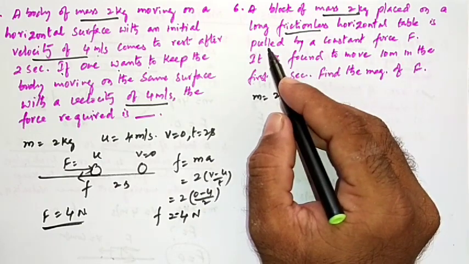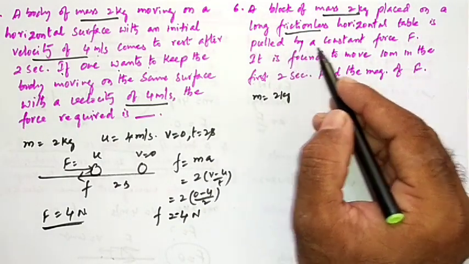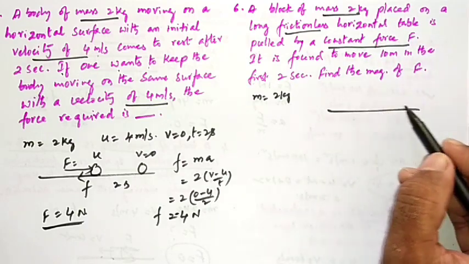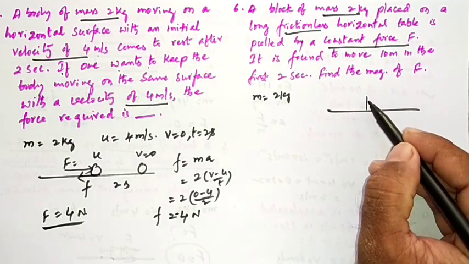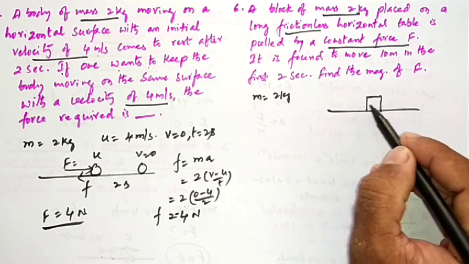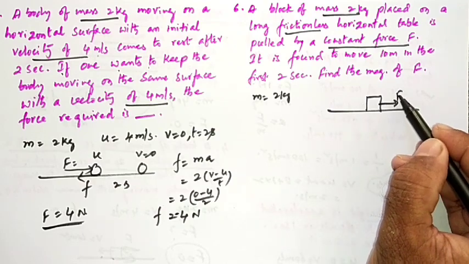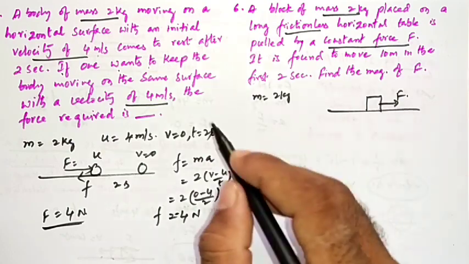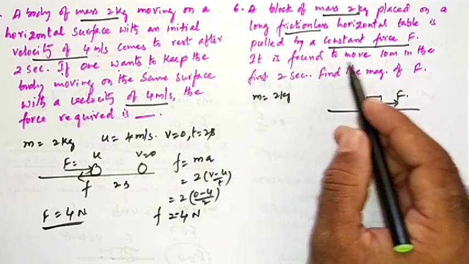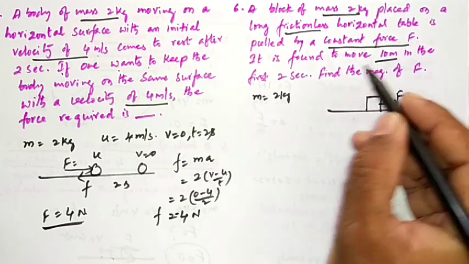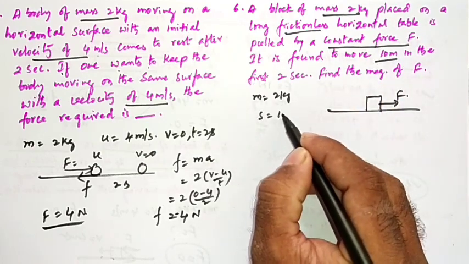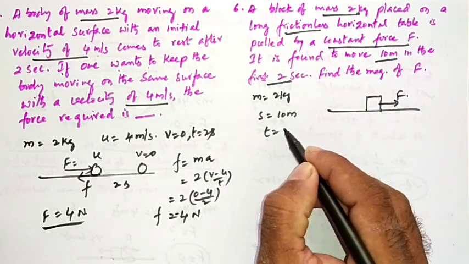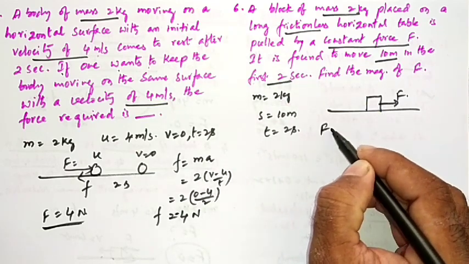The block is pulled by a constant force F. Suppose this is the surface, on this there is a body, so there is a constant force acting on the body. This is the situation. We try to imagine the situation. Now it is found to move 10 meters, so distance is 10 meters in the first 2 seconds. Then we need to calculate F.